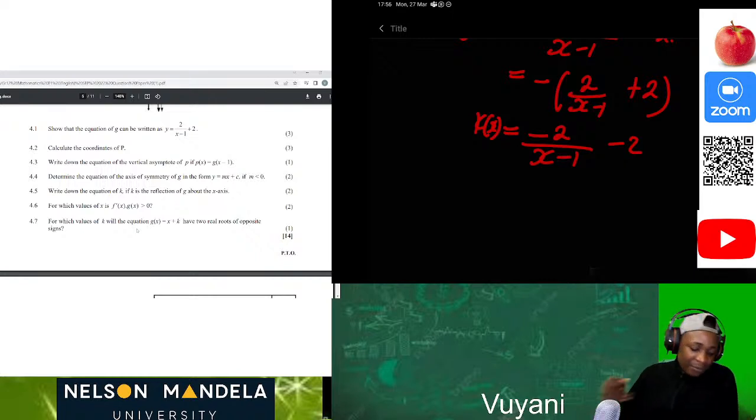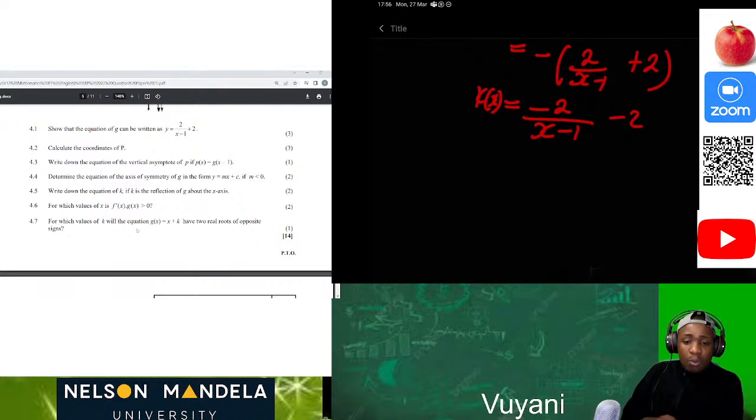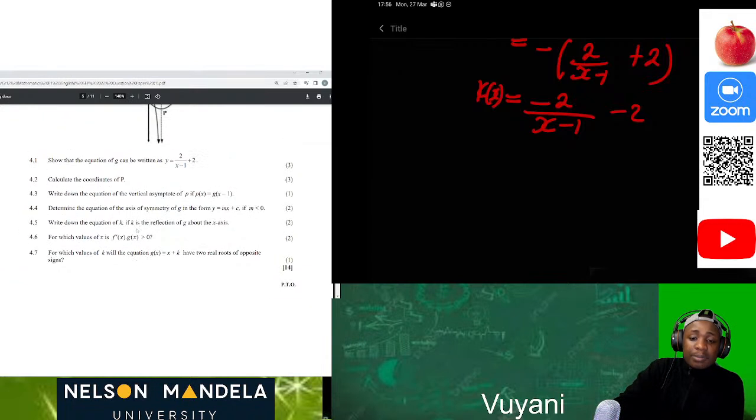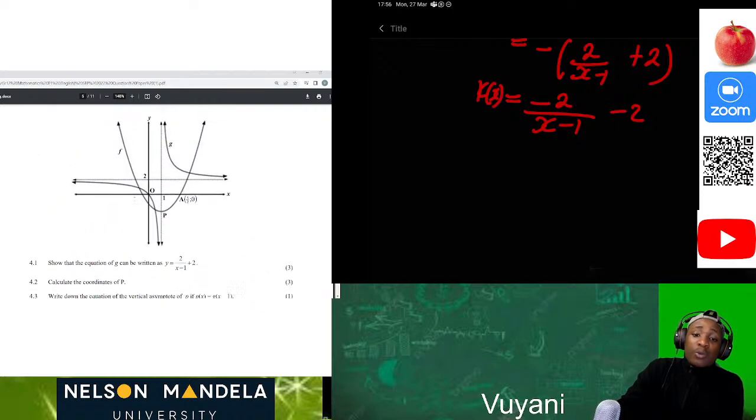So now we should be able to know where we can see the multiplication of the derivative of the function and g of x, where are they greater than 0, which means where are both functions negative or both functions positive. So that is the key note on that part. So guys, it's not hard. It's not hard at all.